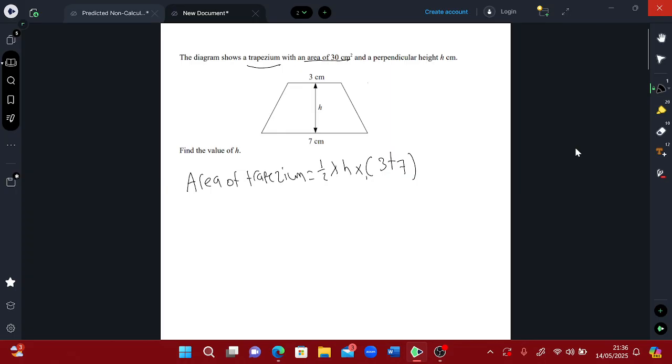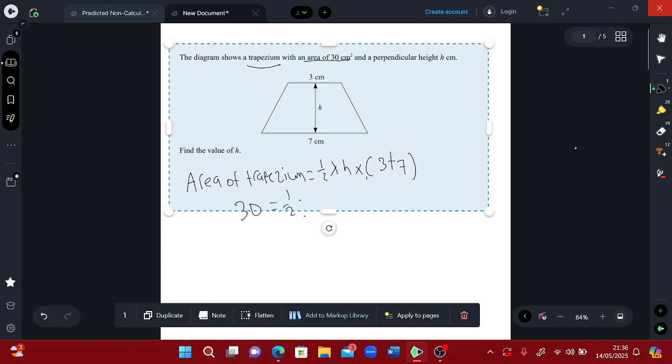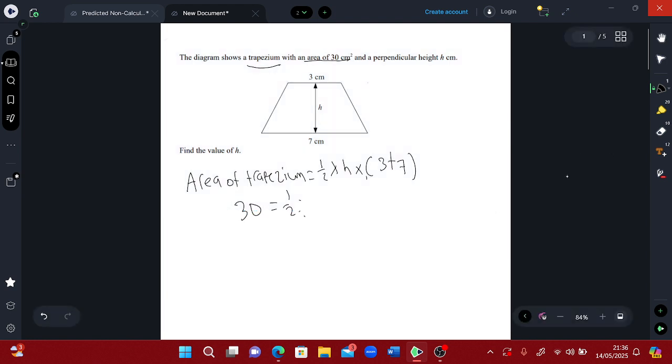We're given the area is 30, so we can say 30 is half times the height h times this bit here. So 3 plus 7 is 10.